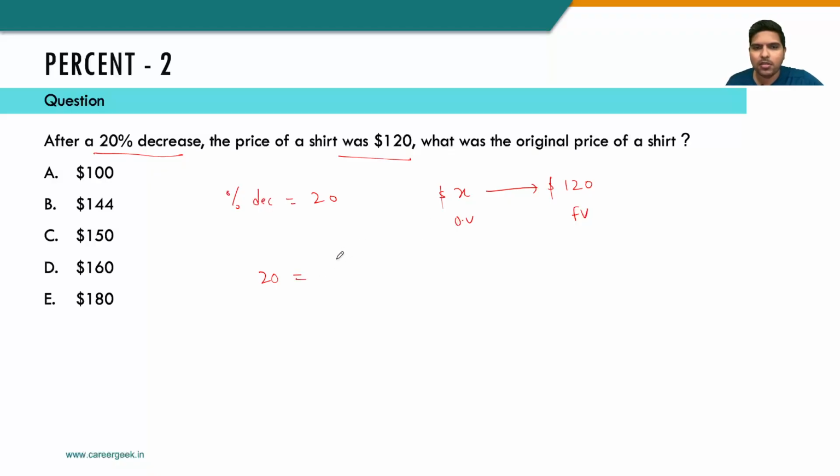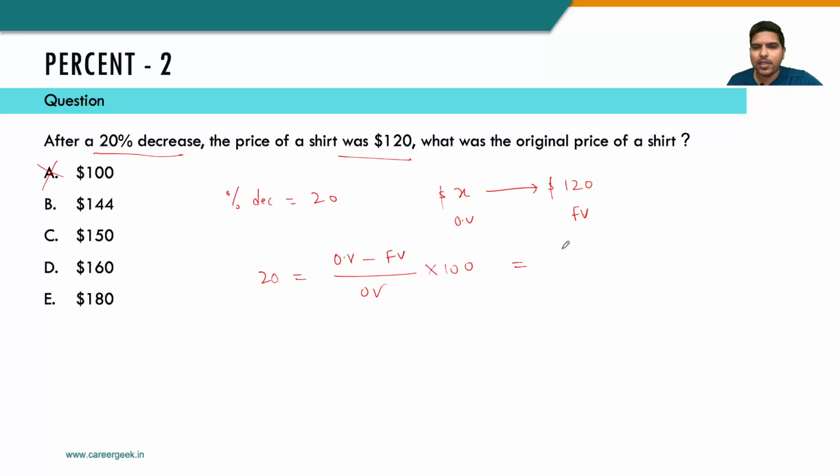What is the formula? Difference. I'm taking greater value minus smaller value. Okay, because it's decrease, X is greater than 120, so this can never be the answer. Upon original value into 100. Okay.